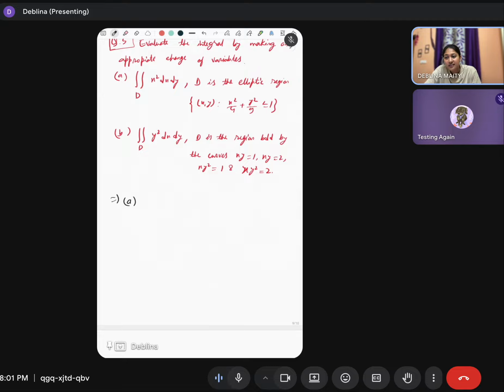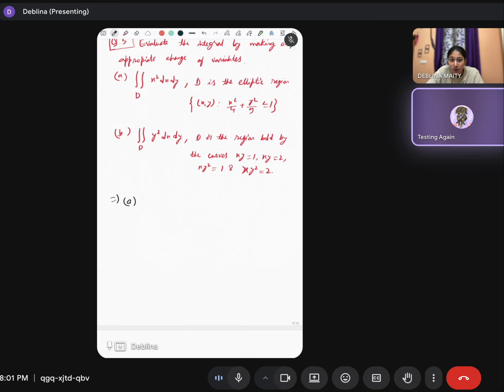For a circle, what do we choose? If we are given a circle x square plus y square equals 1, what is its polar form? r cos theta, r sin theta. Yes, x equals r cos theta, y equals r sin theta, right? Here it is the same thing.